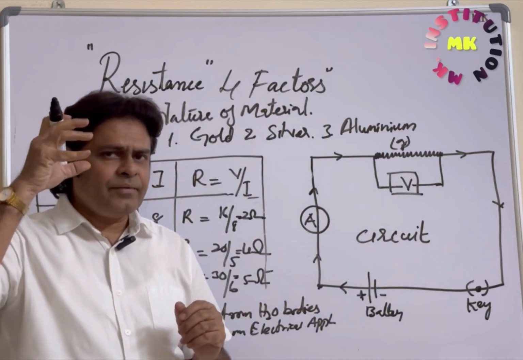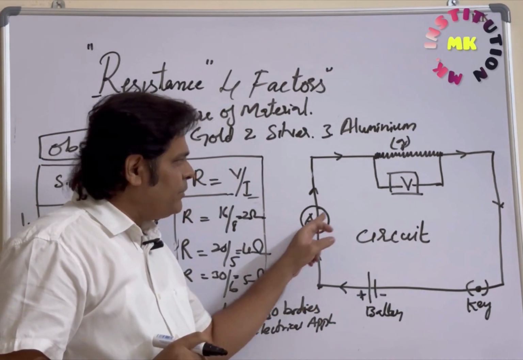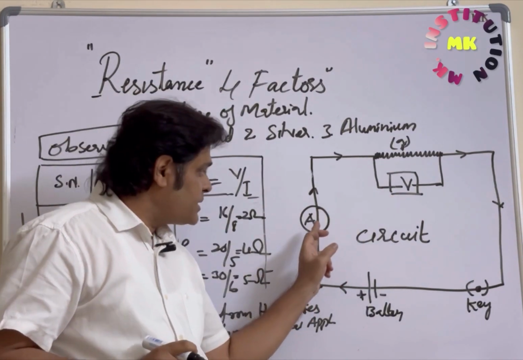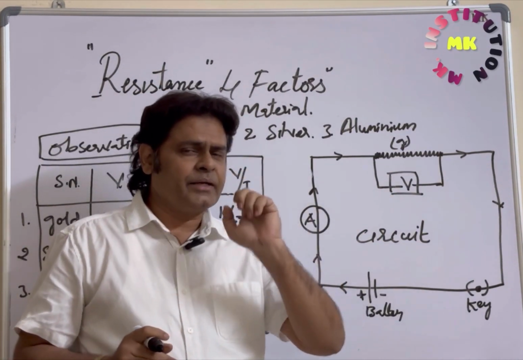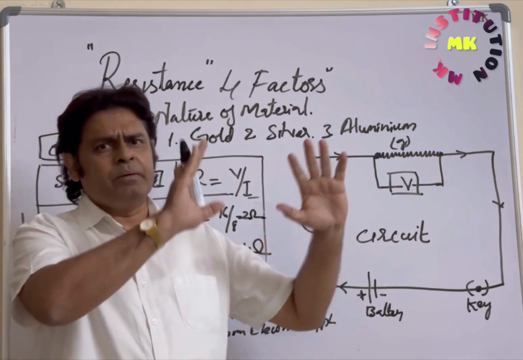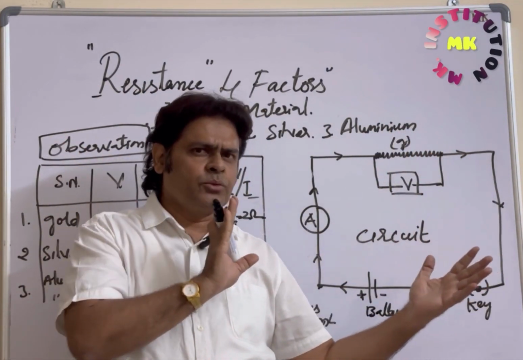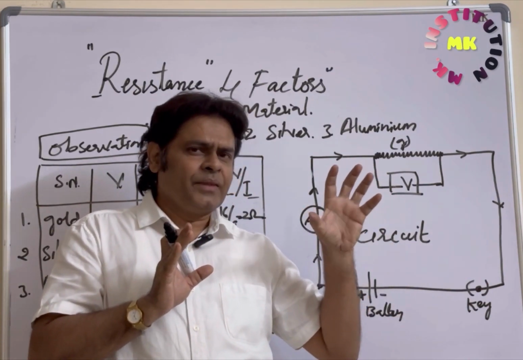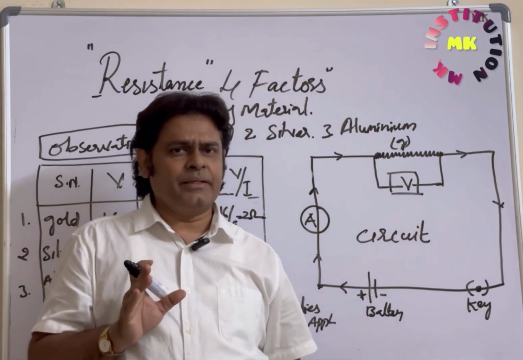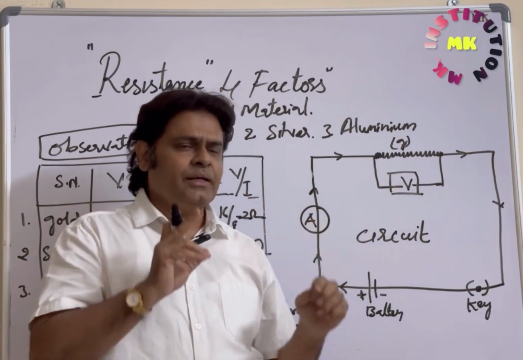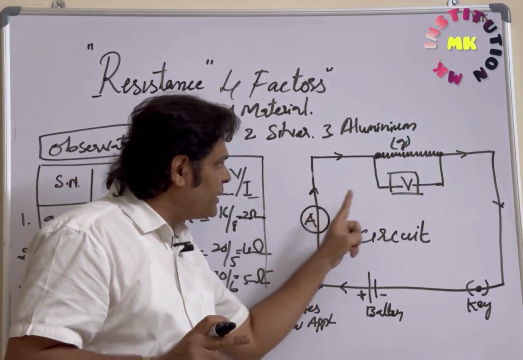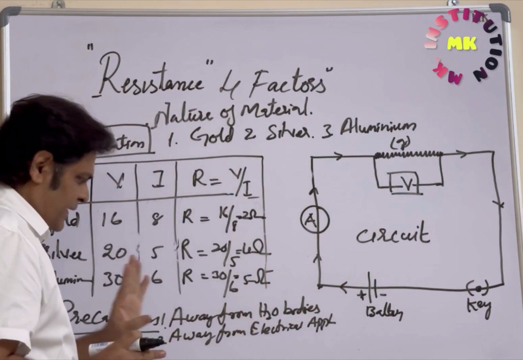Due to that magnetic field, maybe it affects the ammeter and voltmeter. This ammeter and voltmeter will not give the perfect reading then. If you are very near to any big instruments, a fridge, a TV, an LCD like that, inside that instrument, electrical appliances, the magnets also will be there, their power also will be there. It definitely affects the reading in the ammeter and voltmeter. So this is the second precaution.